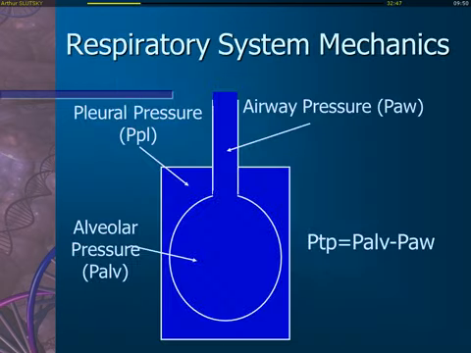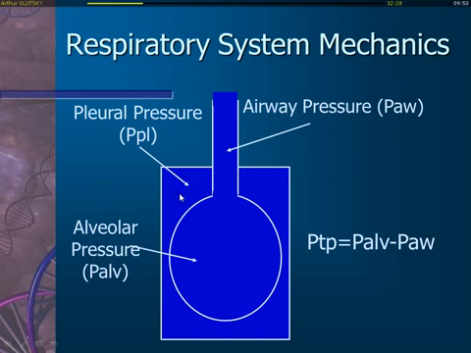And I'll show you that on this slide here. This is a simplified schematic of the key pressures. Here you have the lung inside a chest wall. You have the airway pressure, which we often measure. You have the alveolar pressure, which we measure, and I'll talk about how we measure that in a moment. And then there's the pleural pressure.